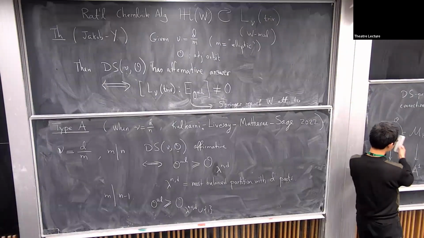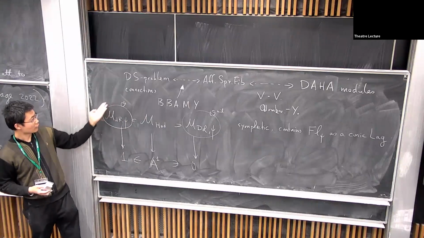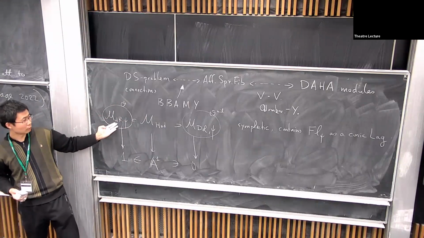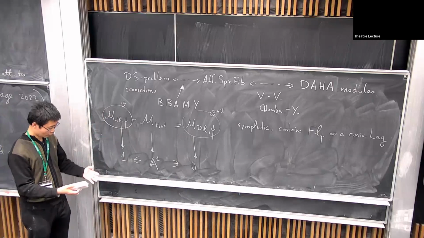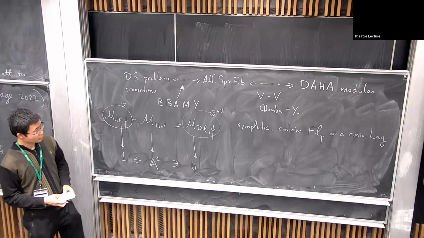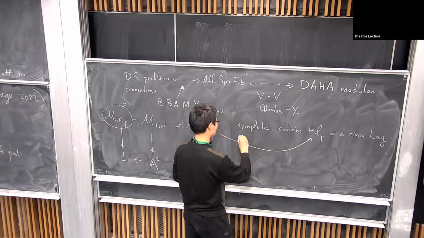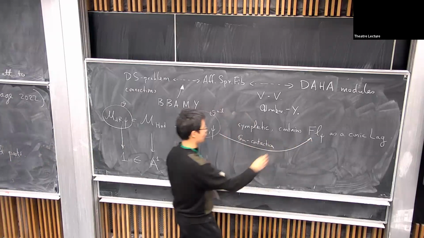So you can imagine there's a family whose generic fiber is the moduli space of the kind of connections that the Deligne-Simpson problem is looking for, and the special fiber is some Hitchin moduli space that contracts to the Springer fiber.